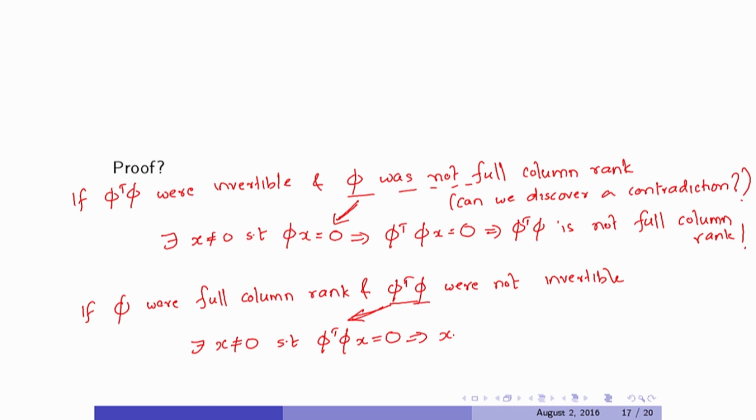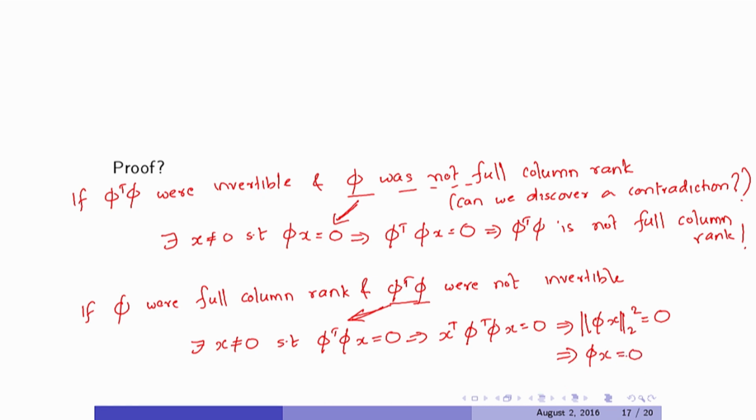Now I can pre-multiply with this non-zero x and get this equality. This quadratic form is nothing but the Euclidean norm square of phi x, and the norm is 0 if and only if the vector itself is 0. So this must hold, phi x must be equal to 0.